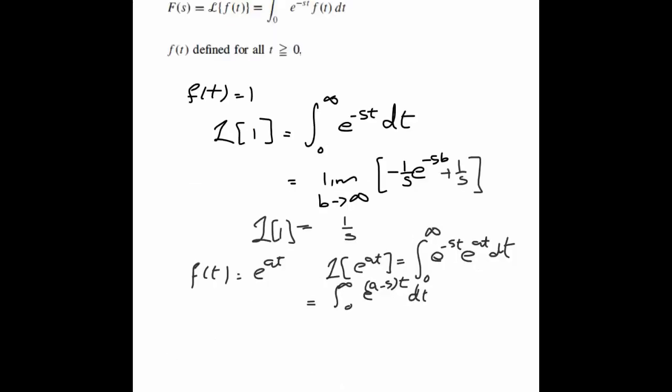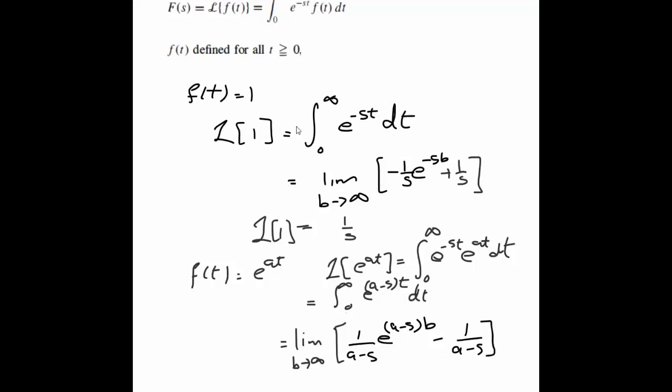So that's basically going to be equal to, again, it's an improper integral, so the limit as b goes to infinity. We're going to have over here, first of all, 1 over a minus s, e to the a minus s into b, and then minus 1 over a minus s, and basically 0 there.